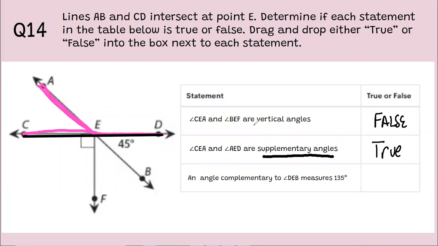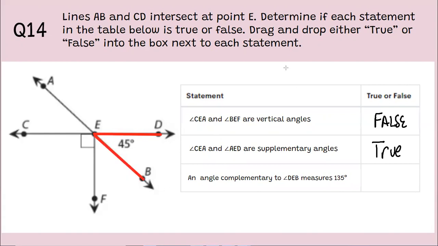Let's look at the third statement. The third statement says an angle complementary to angle DEB measures 135 degrees. An angle that is complementary to angle DEB would give me 135 degrees.